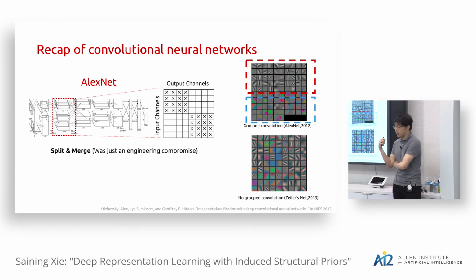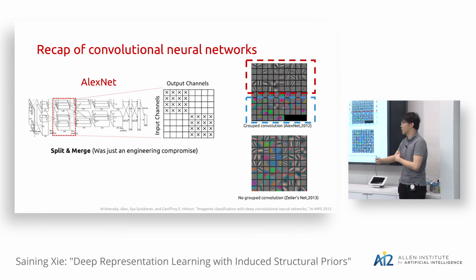On the right are the feature visualizations of the first convolution layer. With this group convolution training in AlexNet, very surprisingly, a disentangled representation naturally emerged. One group learns the edge filters, Gabor-like edge filters, and the other group learns these color blobs.